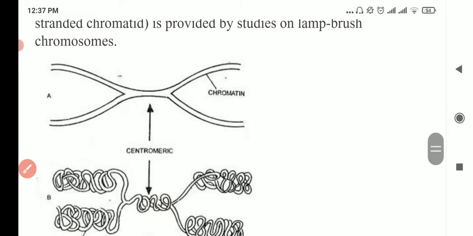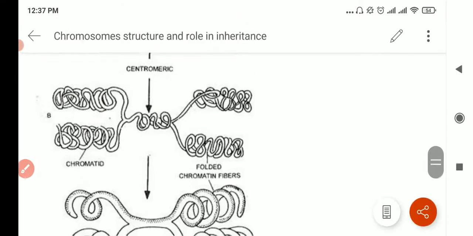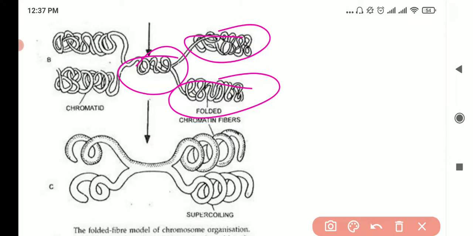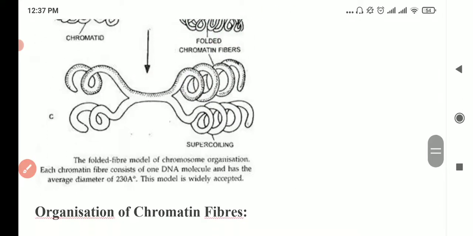So this is the centromere, it will replicate, then it will undergo supercoiling. Even the centromere is coiling. These strands are coiling also, and then they will undergo supercoiling, meaning this whole thing will coil. Inside are small coils, and again it will undergo supercoiling. So that is basically your fiber folded model.